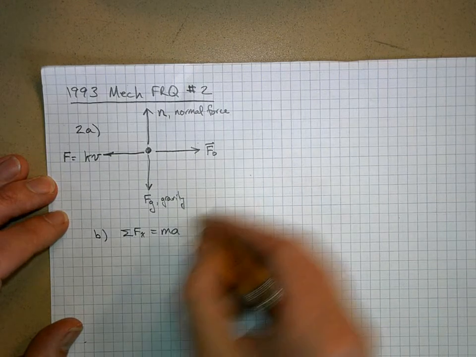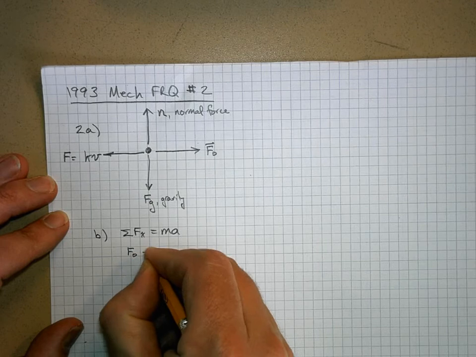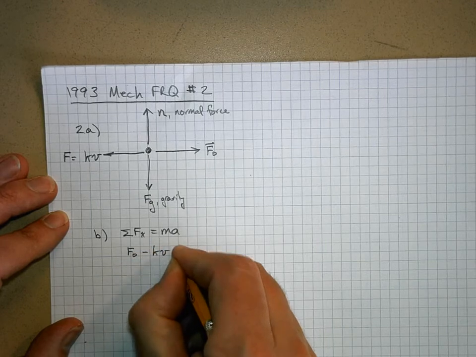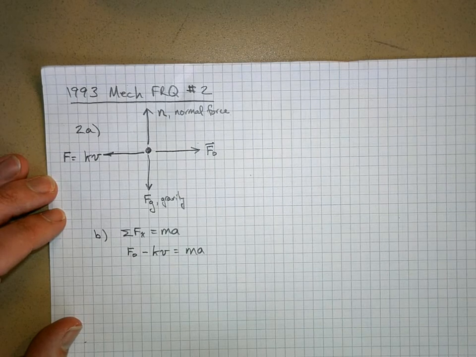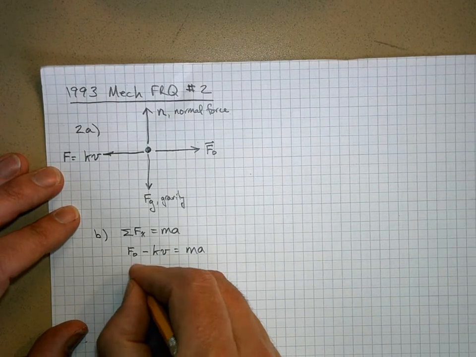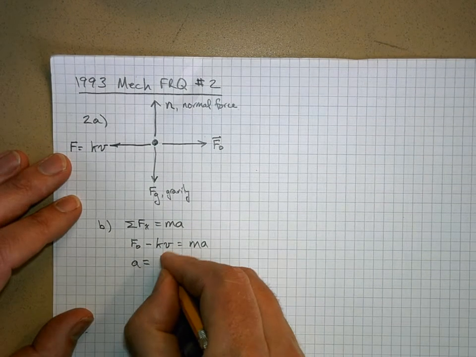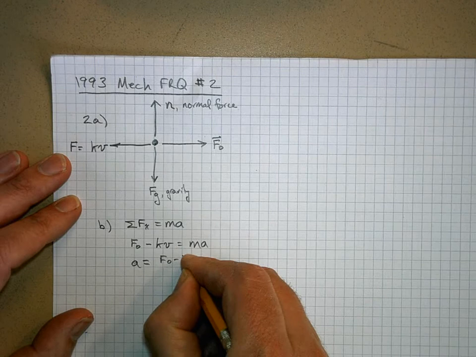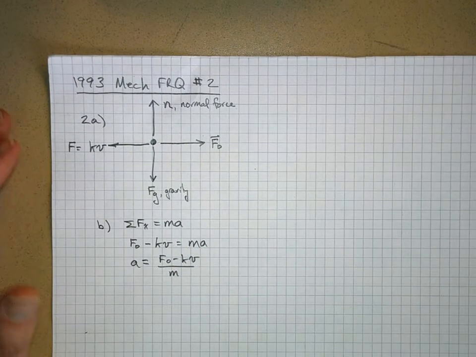So when I have the forces here, I'm going to have F naught minus kV equals ma. And so now I just solve for A. So A is equal to F naught minus kV over m. And I believe those are the variables they wanted, the acceleration in terms of K, V, F sub 0, and m.